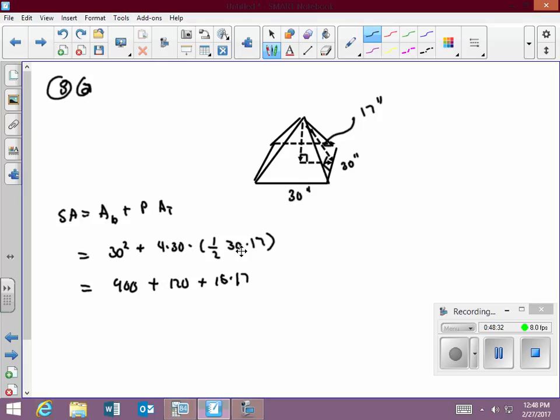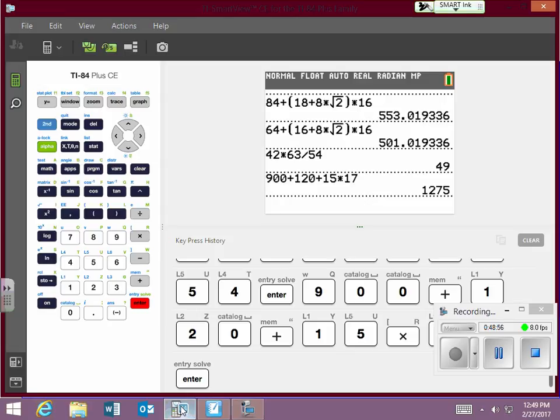Each one of those triangles is 1/2 of 30 times 17. Professor, perimeter times the area, not plus the area. That right there.